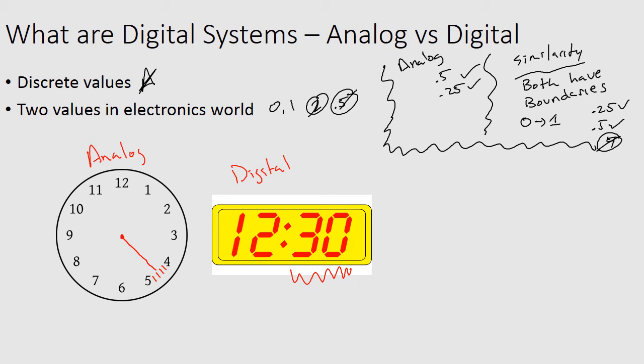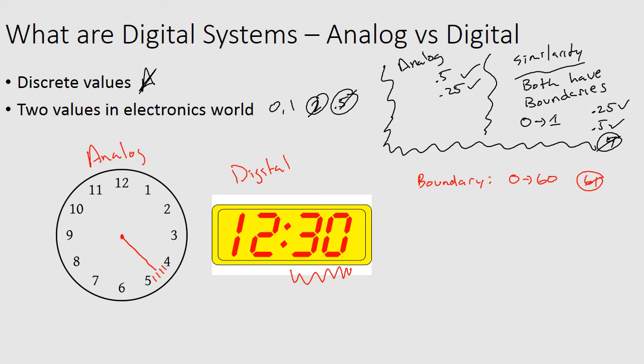Okay? So in our digital world and our analog world, we have the boundary that both systems can only take on values between the numbers 0 to 60. So something like 61 is not allowed.